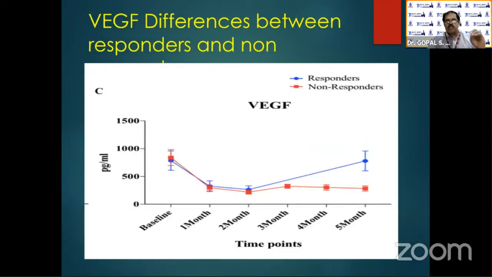But when you look at VEGF levels among the responders and the non-responders, since we gave injections to these non-responders at the 4th month and the 5th month, and did not give injections to the responders, you can see that the VEGF level is actually lower in the non-responders, which tells us that it is not VEGF which drives the non-responders, it is the cytokines.